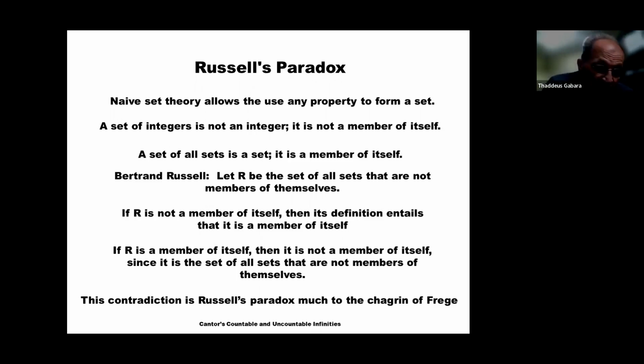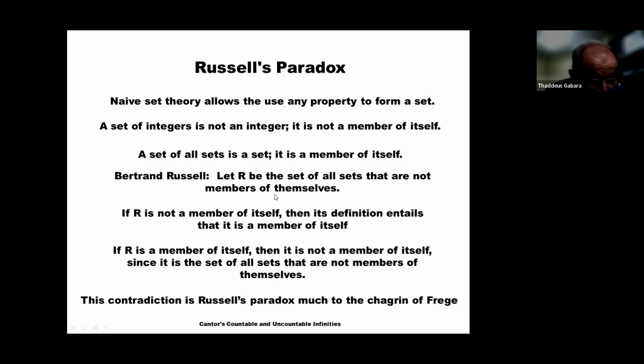So there are some sets which can be members of themselves, but not all sets satisfy this in the naive set theory. So Russell here on this line, he says, let R be the set of all sets that are not members of themselves.